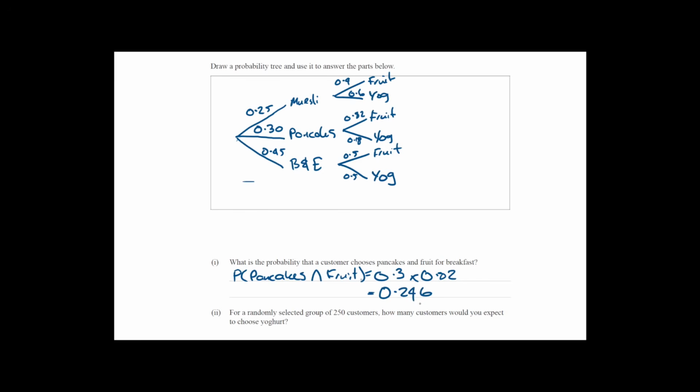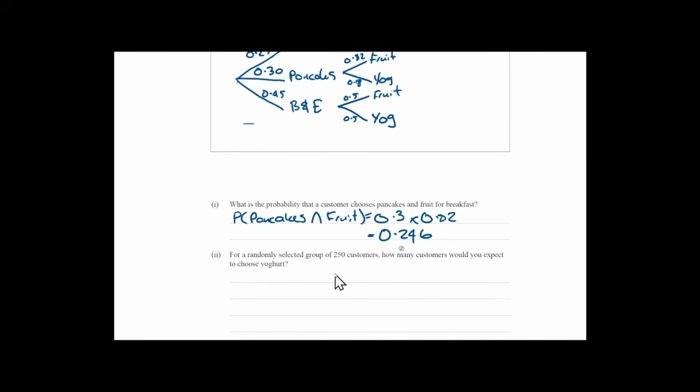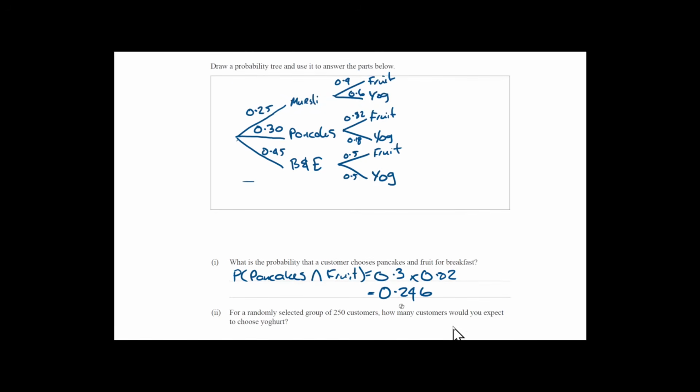Okay. So for a randomly selected group of 250 customers, how many customers would you expect to choose yogurt? Okay, so there are three ways they can choose yogurt: this way, and this way. We have to work out the probability of both.